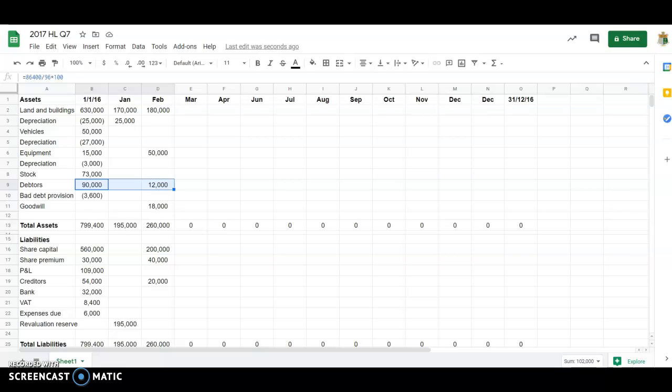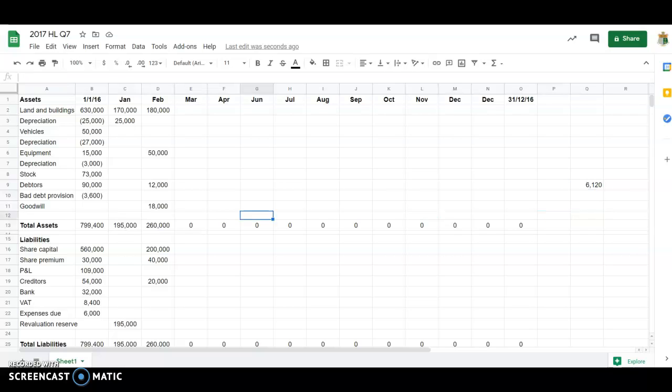All right, so the debtors are 102,000. So just doing maybe a working over here on the right hand side, 102,000 multiplied by 6% is 6,120. So that's what I want my bad debt provision to be.